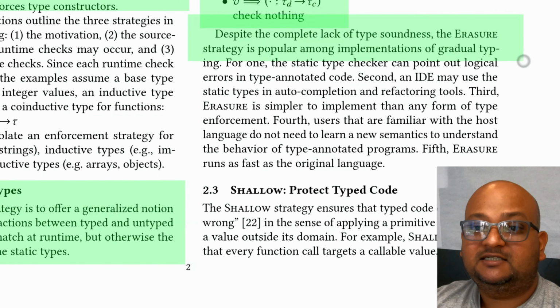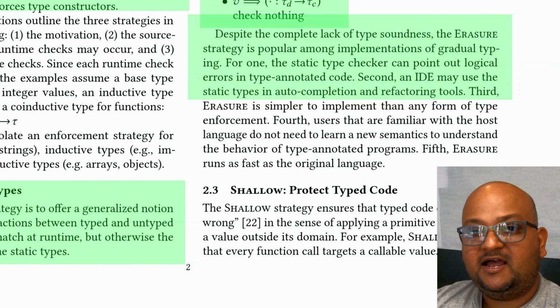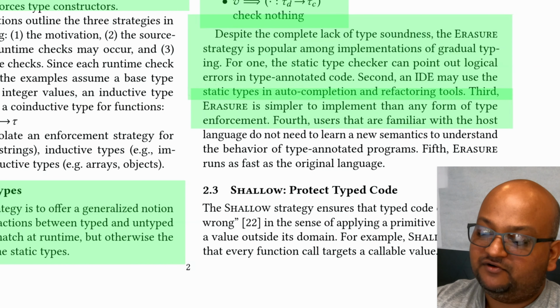So why is this strategy so popular? The big reason is that you can use these type annotations at coding time. You can find out type errors when you're actually coding in an IDE. You can get things like autocomplete and refactoring with types. In terms of implementation, this is of course the simplest to implement.